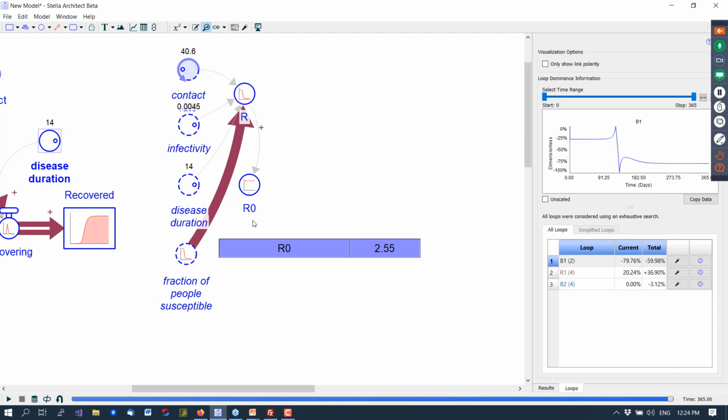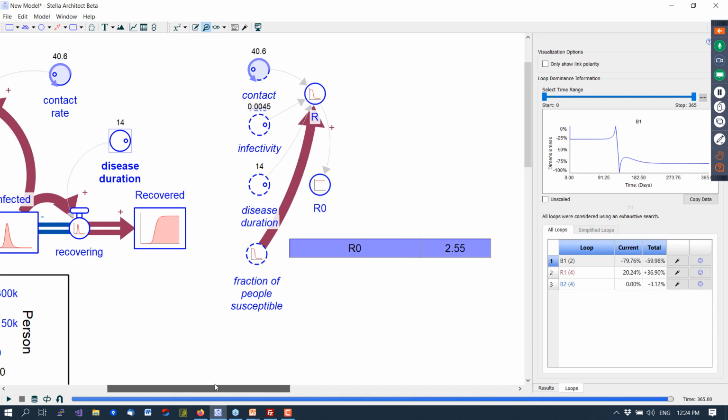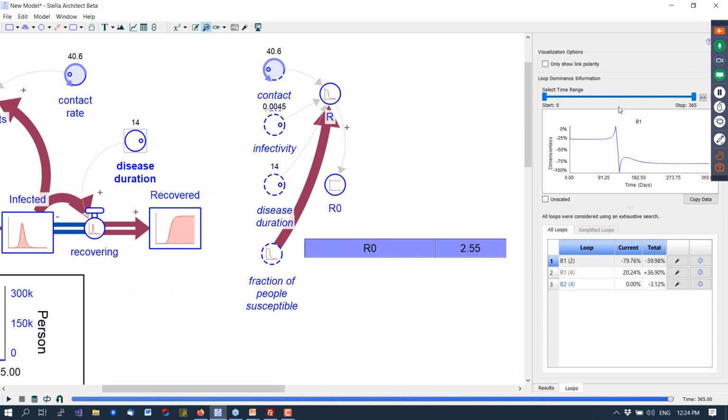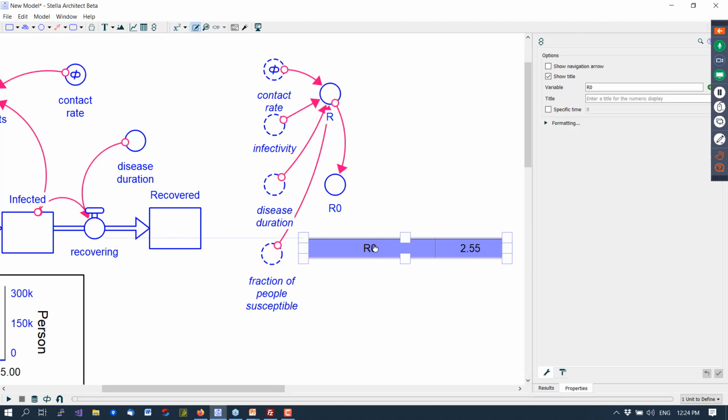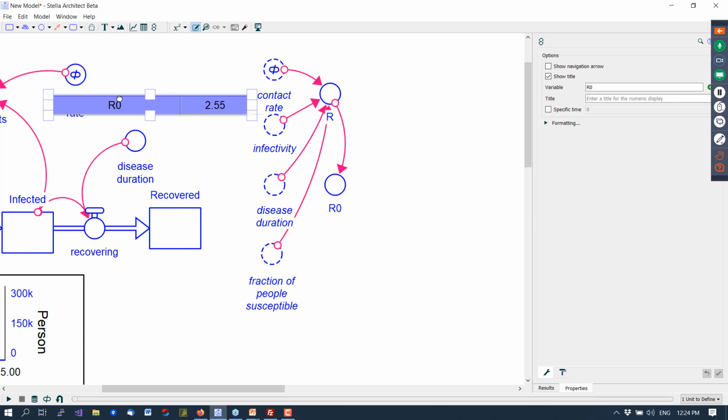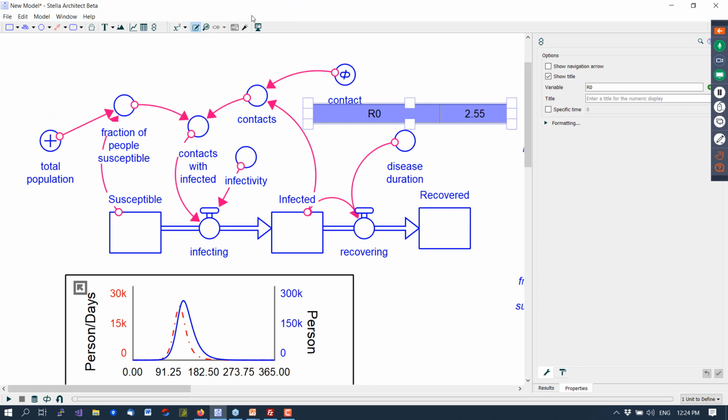And once R is below 1, if R naught gets below 1, so we need to just rearrange things here a little bit. Let me just move R naught over here so we can look at it. If R naught gets below 1, it's a little messy, I apologize for that.